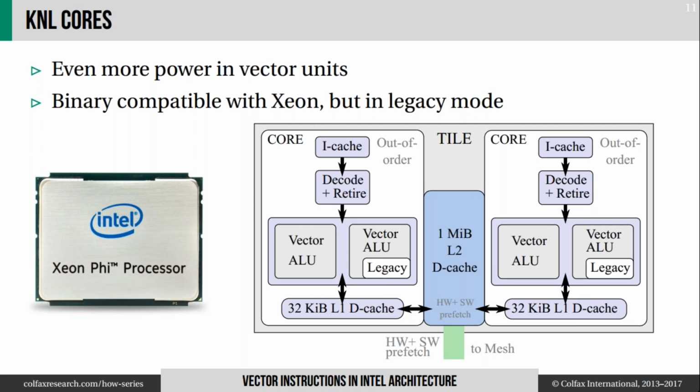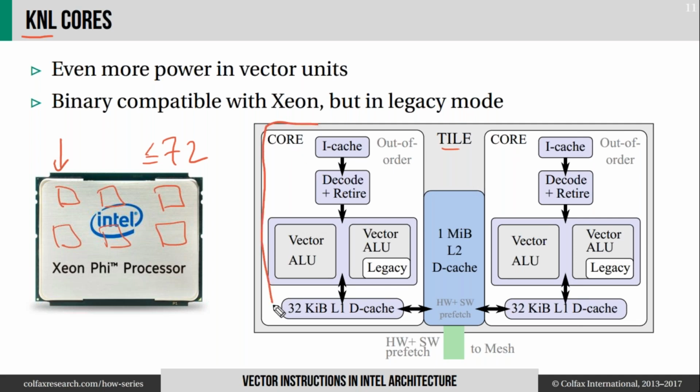Let me illustrate first with a diagram what place vector processing takes in hardware. If you look at an Intel Xeon Phi processor, Knights Landing architecture, inside of it you will find multiple cores. We have not talked about how to use these multiple cores yet, but be aware that there's up to 72 of them. The cores are organized into tiles of 2 cores, which is not relevant to this discussion, but explains why I'm showing 2 cores.